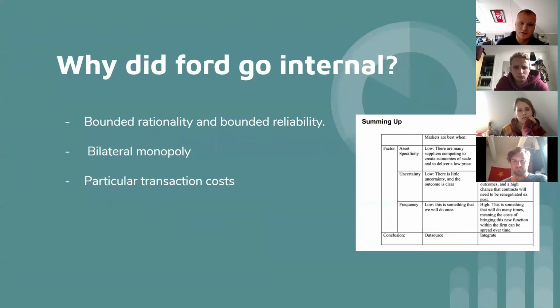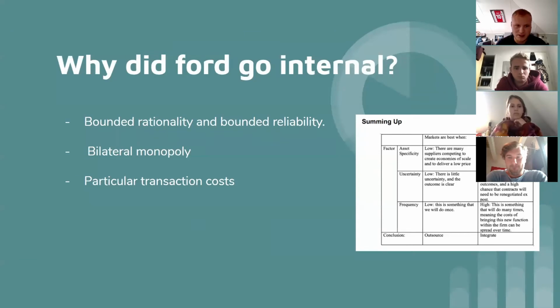One of the reasons why Ford did go internal is Ford's product, the assembly line, was the first assembly line for automobiles. And if Ford was going to outsource their assembly line to a supplier, it would create a bilateral monopoly. What this means is that there is one supplier on the market and one potential buyer or consumer on the market.